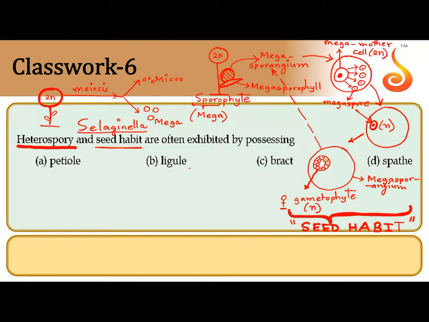A small leafy structure that is found on the inner angle of the leaves of Selaginella, that is called the ligule. So for example, if this is the leaf of Selaginella, and this is the branch from which the leaf is originating, along the inner margin you will find another leafy outgrowth which is referred to as the ligule, which is a characteristic. The exact function of the ligule is not known. It is mostly a morphological feature, and this is seen exclusively in a plant that is referred to as Selaginella.